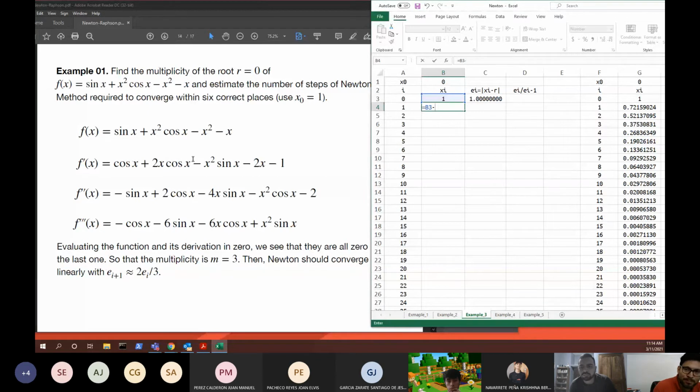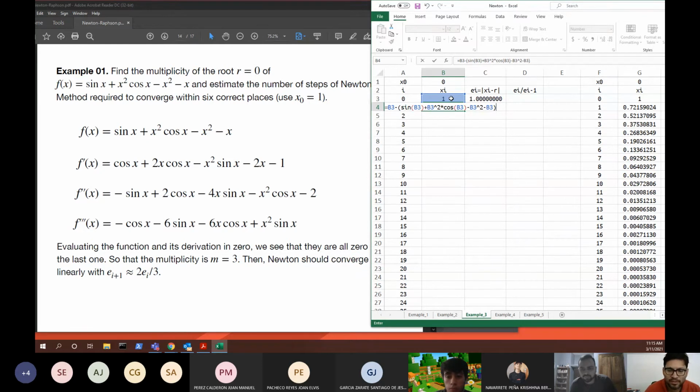So it's a tremendous function: sine of this one plus this one squared times cosine of this one minus this one squared minus this one, parenthesis.